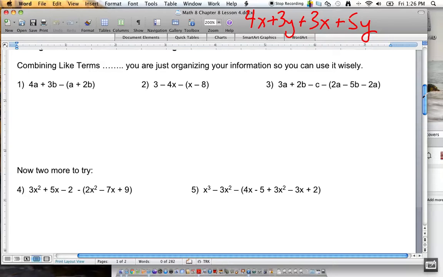Come on. 7x. 7 x's. 4 x's and 3 x's make 7x. It's as if there's 7 little rocks scattered all over the place and you're counting them up. Now, I have positive 3y's and positive 5y's. What is that all together? 8y's. Positive 8y's. So I have 7x plus 8y, and that would be my final answer.